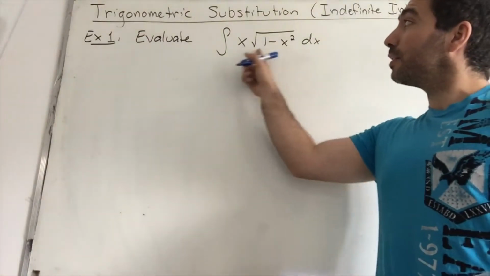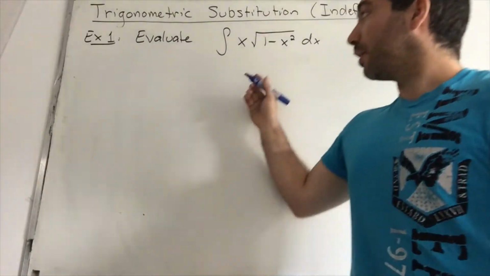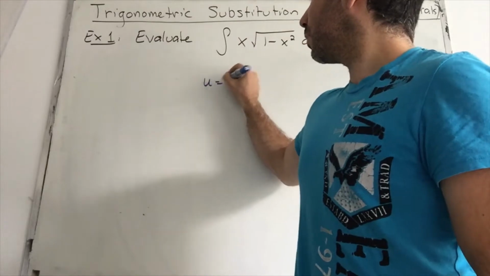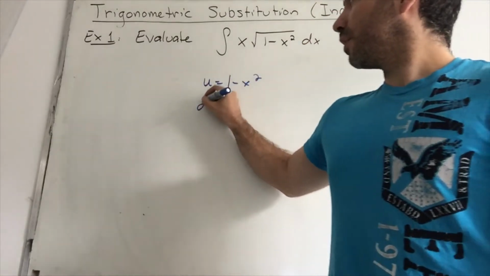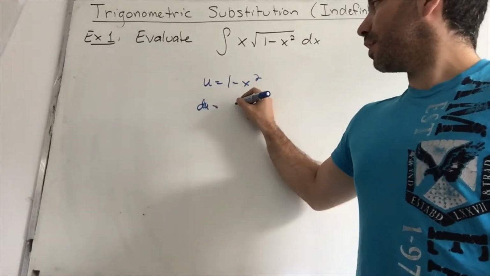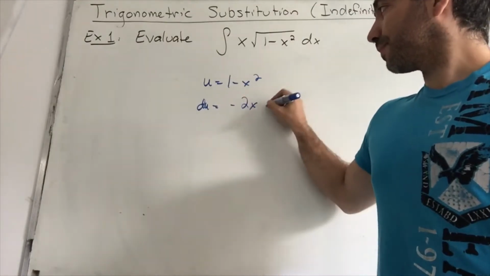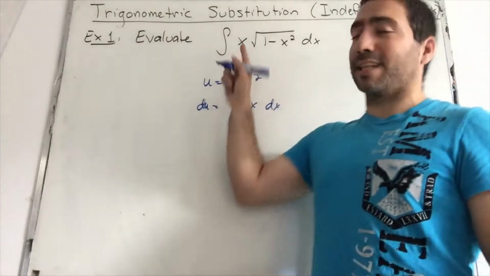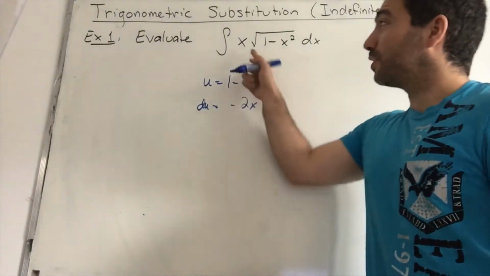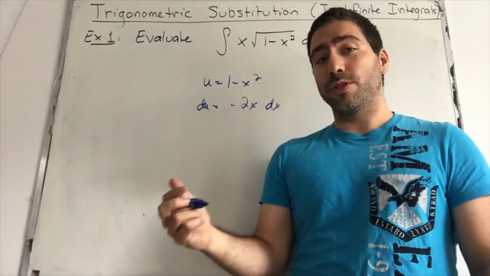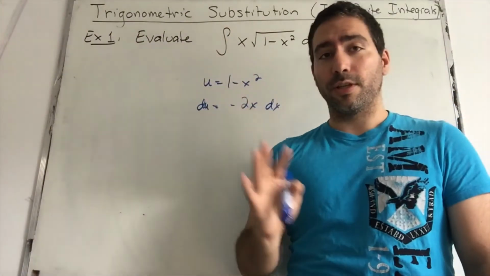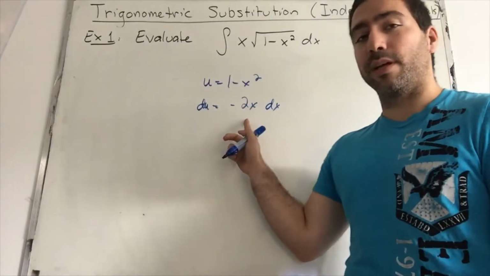You could get this with just a regular u substitution, letting u equal 1 minus x squared. The derivative is negative 2x, and notice that the x is going to cancel with the x that's sitting in the front of it. So if you could get it with a regular u substitution and you don't have to use a trig substitution, that's my advice. Go ahead and solve it this way, easier.